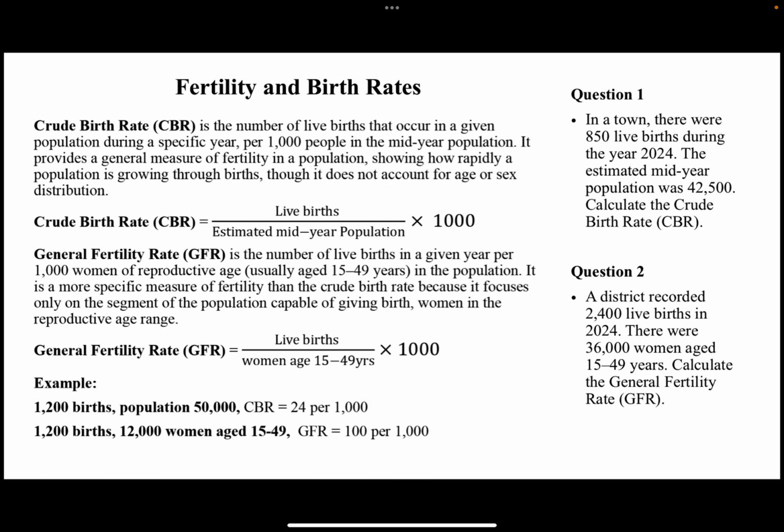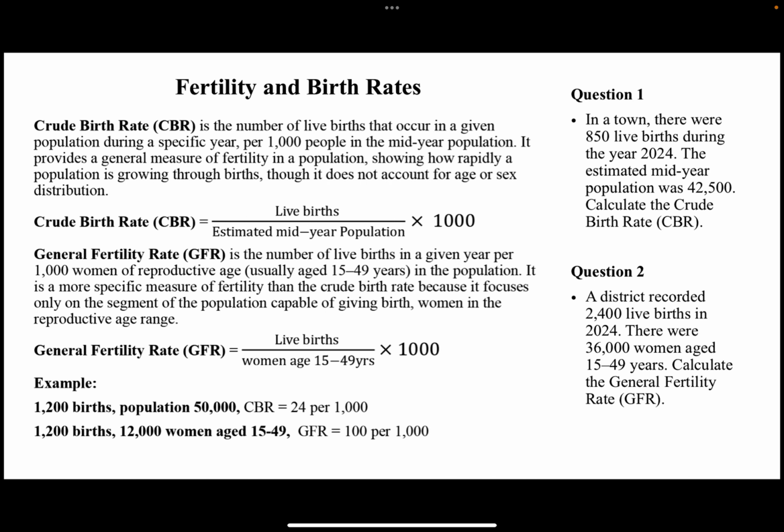Now let's do general fertility rate. The general fertility rate is the number of live births in a given year per 1,000 women of reproductive age, usually 15 to 49 years, in a population. It is a more specific measure of fertility than the crude birth rate because it focuses only on a segment of the population capable of giving birth, women in the reproductive age range.